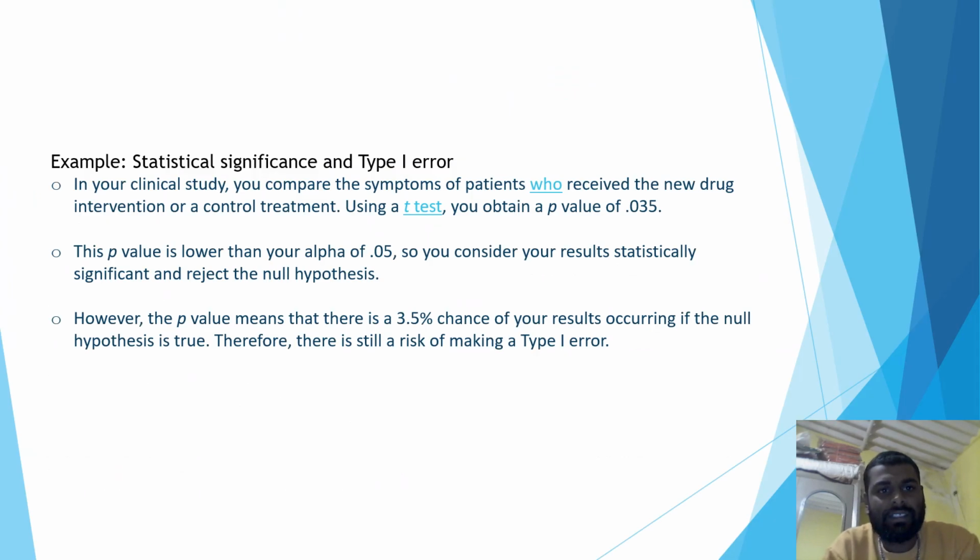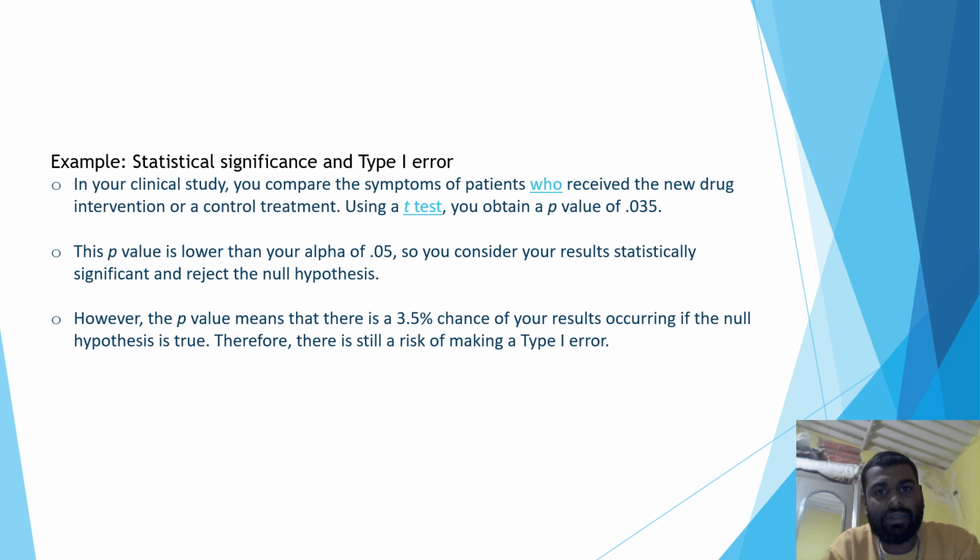Example: statistical significance and type 1 error. In your clinical study, you compare the symptoms of patients who receive a new drug intervention or a control treatment.